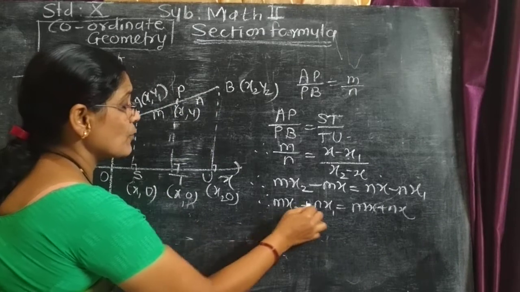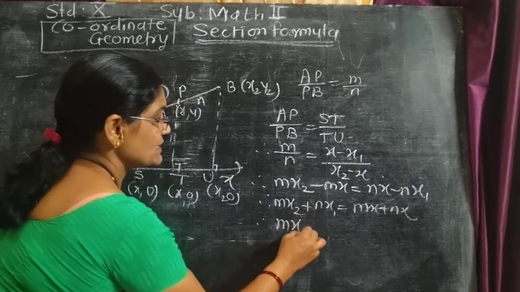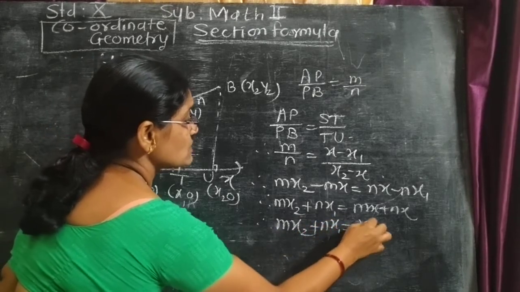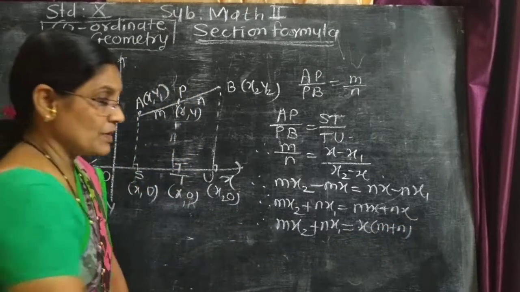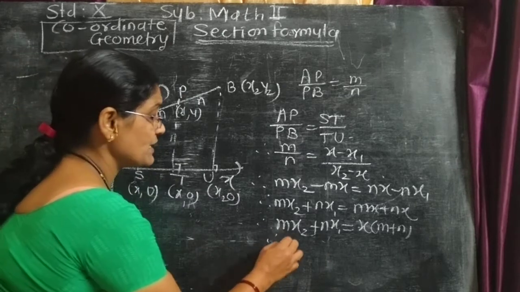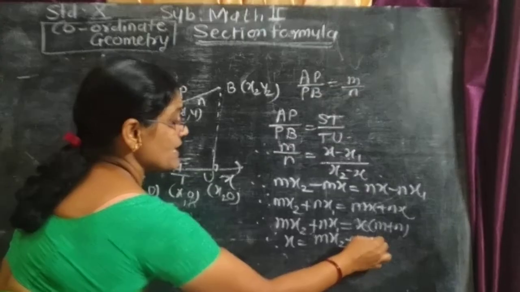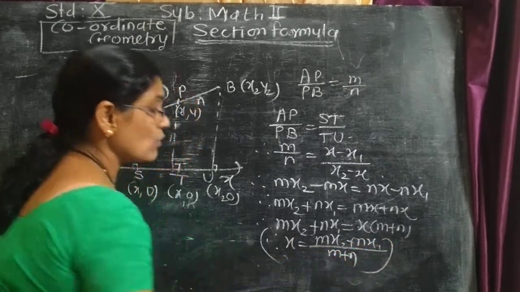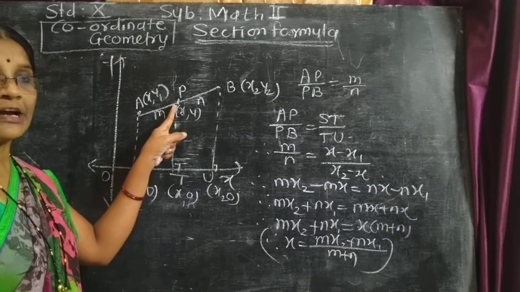From this we take x common: mx2 plus nx1 is equal to x times (m plus n). Again we transfer the bracket m plus n to the other side. We get x is equal to mx2 plus nx1 upon m plus n, and this is the x coordinate of point P.